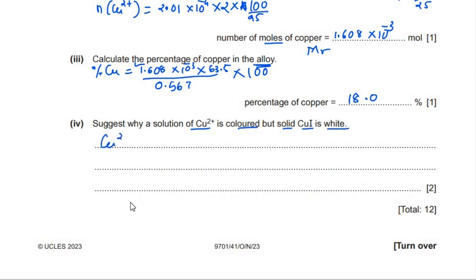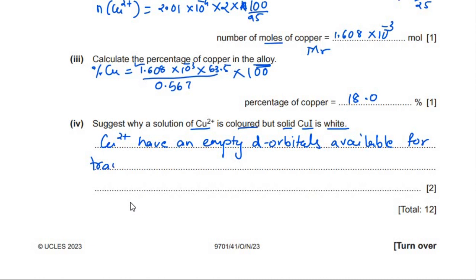Cu2+ has empty d orbitals available for transition of d electrons.